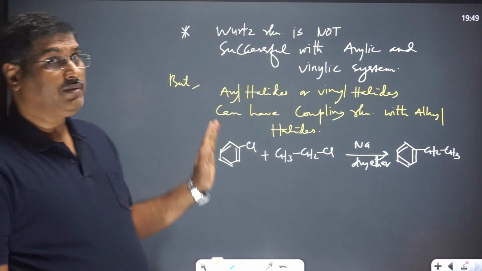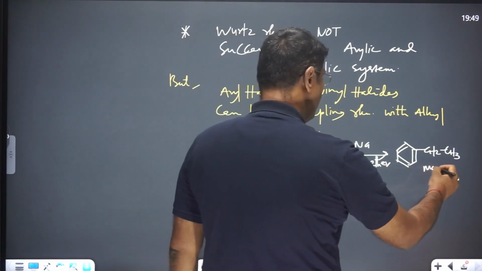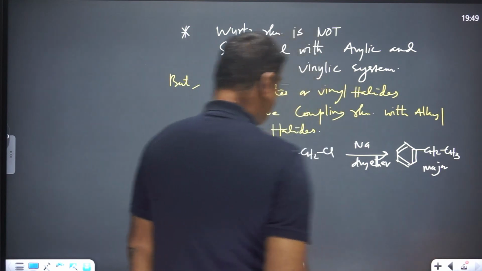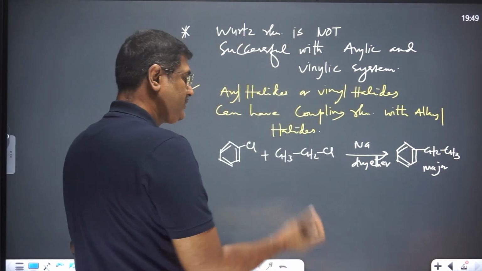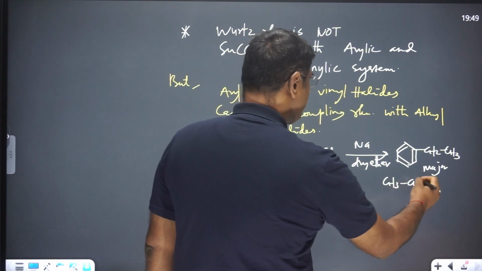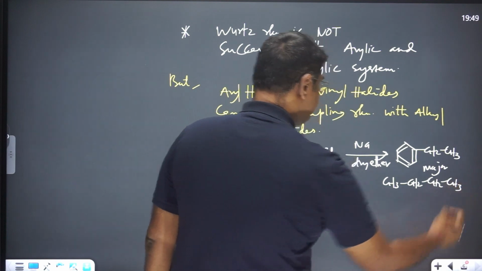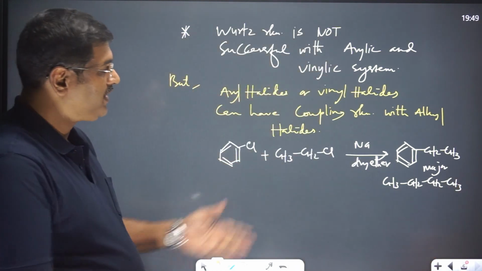You can have other byproducts also. This one is major. Other possible products are ethane, ethene, and CH3CH2CH2CH3, the coupled alkane of this one.